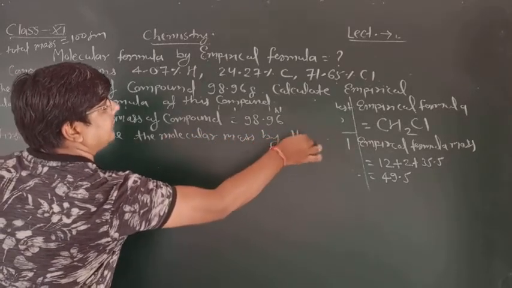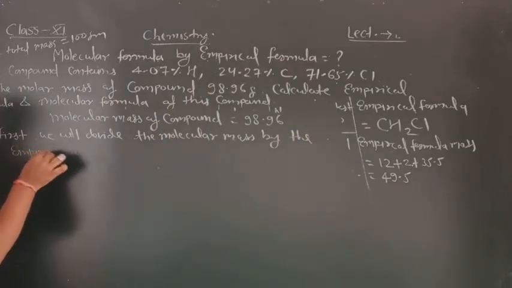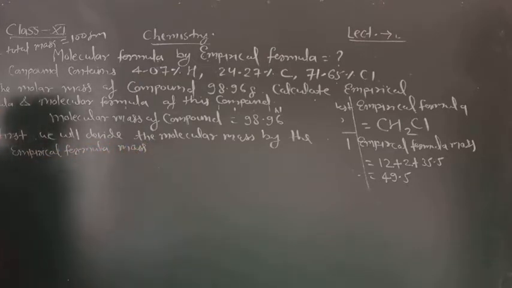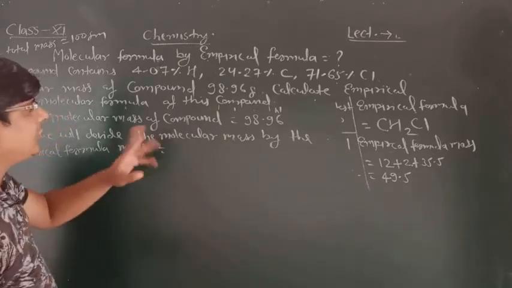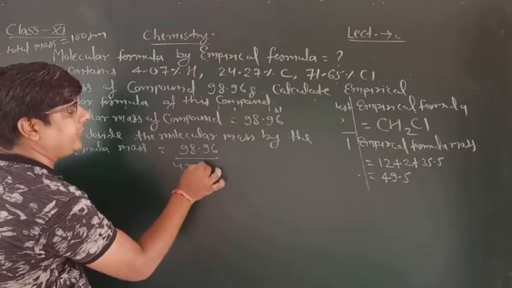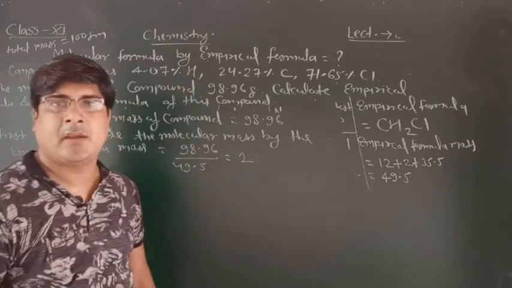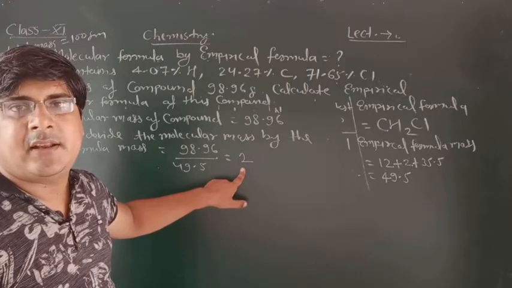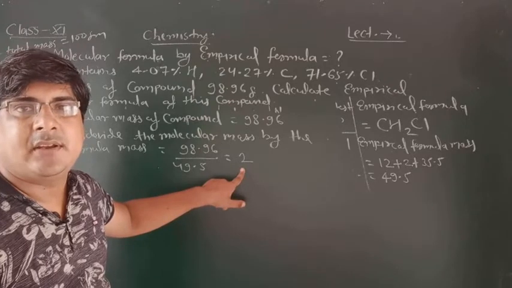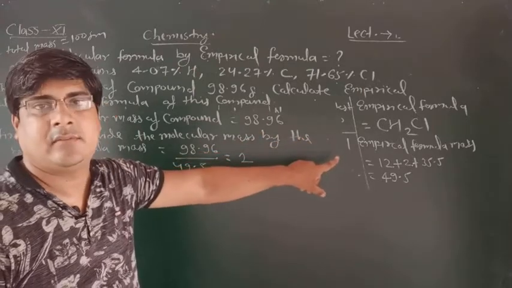Here the molecular mass is 98.96 and the empirical formula mass is 49.5, which is approximately equal to 2. Then the number obtained by the division will be multiplied by the empirical formula.